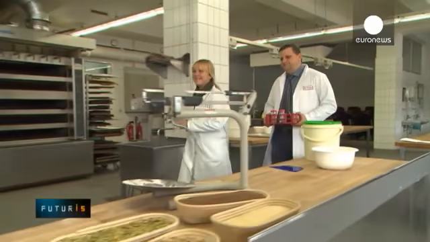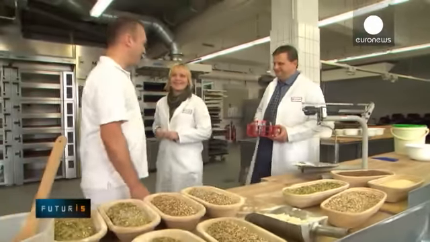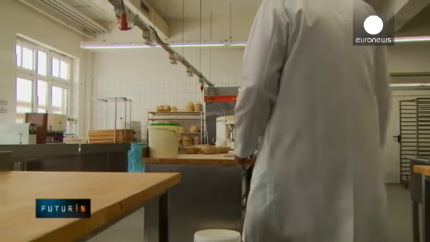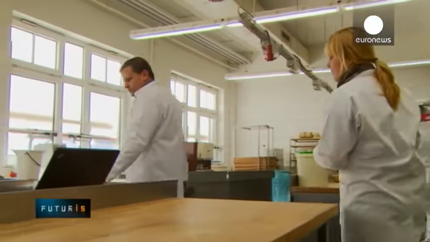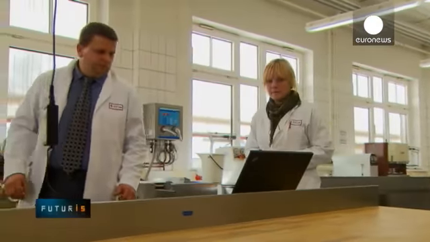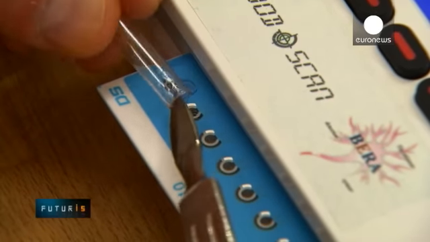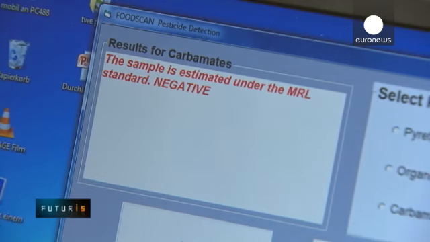In order to do that, researchers have developed a device designed to quickly detect some pesticides in cereals. The prototype was built upon research done by Greek scientists, and it's based on complex biological and chemical processes. But its use is very simple, according to scientists.